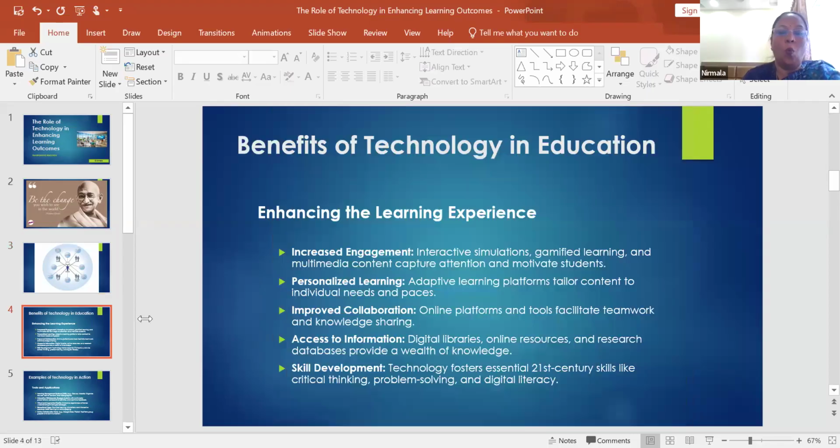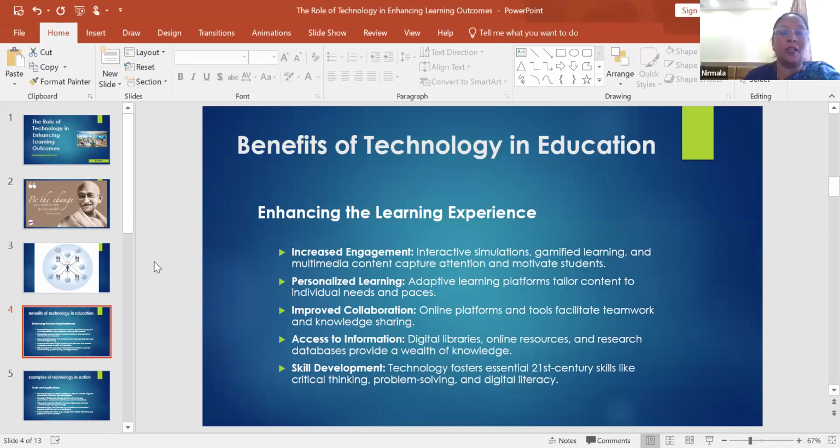Now, when we talk about the benefits of technology in education: enhancing the learning experiences, increased engagement. As we know, today's learners of the 21st century respond to interactive simulations, gamified learning, and multimedia content that capture attention and motivate the students.